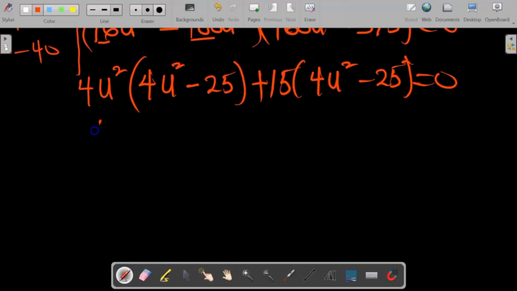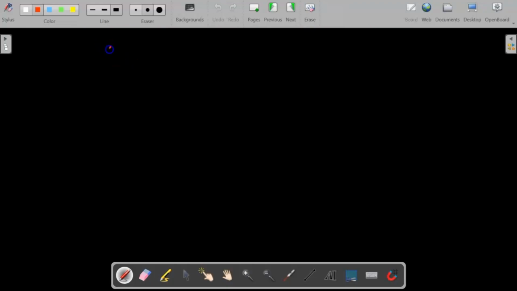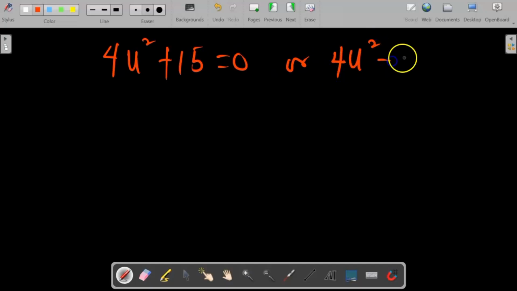So 4u squared plus 15, 4u squared minus 25 is equal to 0. 4u squared plus 15 is equal to 0, or 4u squared minus 25 is equal to 0.